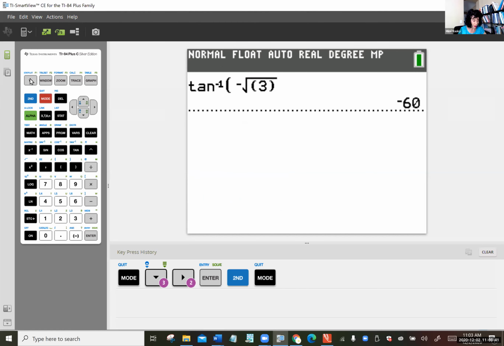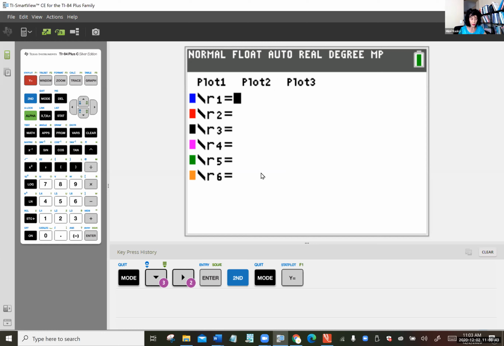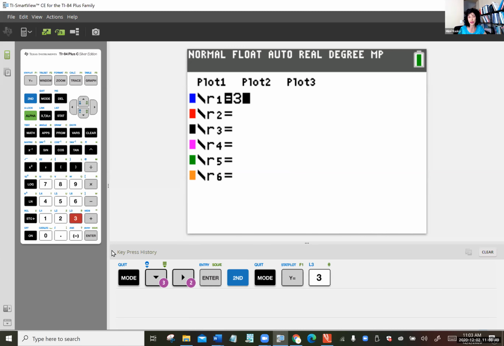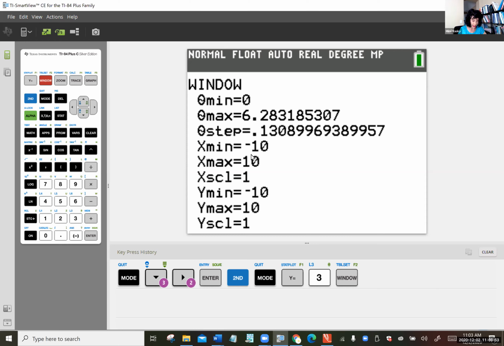Then when you hit your y equals button, it will ask for r equals, and you give it some function of theta. Well, r equals 3 is what we need to graph right now. Then check your window. Let's graph it from theta min 0, and 6.28 is 2 pi. So when you go to your theta max, do 2 pi because then you'll get the full complete picture. And then when you hit your graph button, cool.